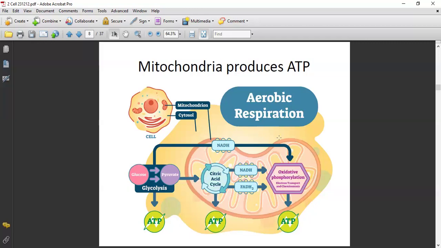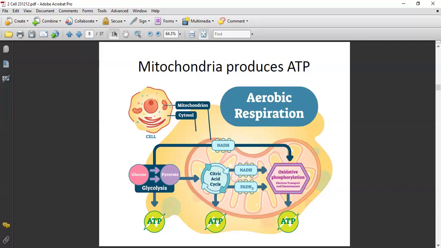So here is some detail about mitochondria producing ATP. A key concept you need to know is that when mitochondria produce ATP, it requires oxygen and it requires glucose. You can have lipids to feed the mitochondria, but the first fuel that mitochondria will use is glucose.